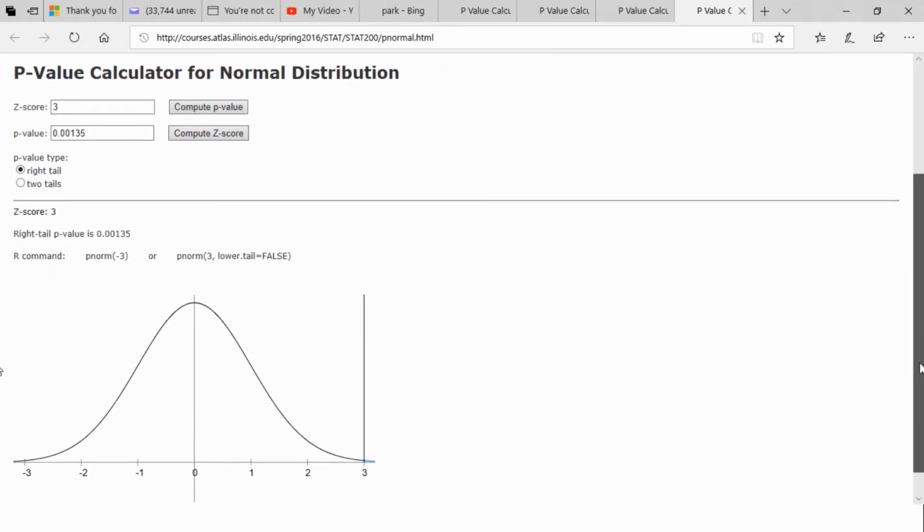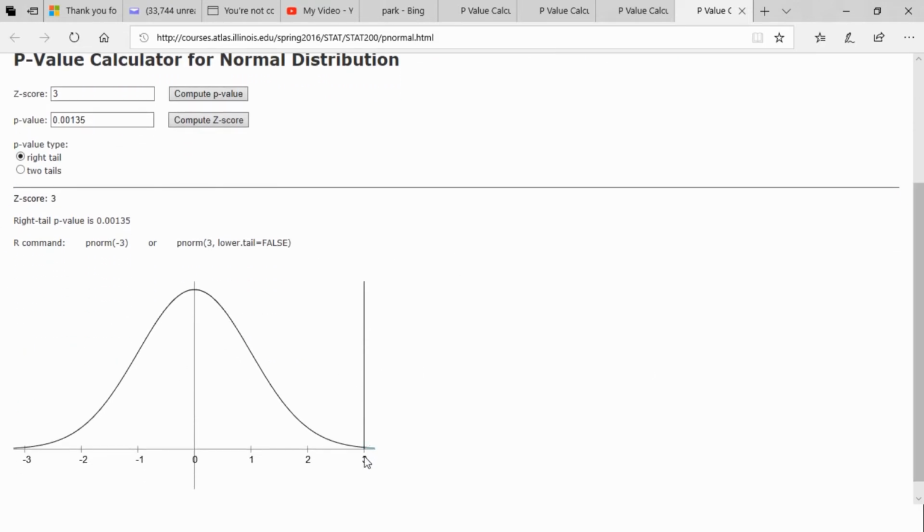It's telling me that the probability of getting a z more extreme than that is pretty low, okay? So in other words, it's pretty rare for us to get a sample mean that is this far away from the parent population mean just by chance alone, okay?